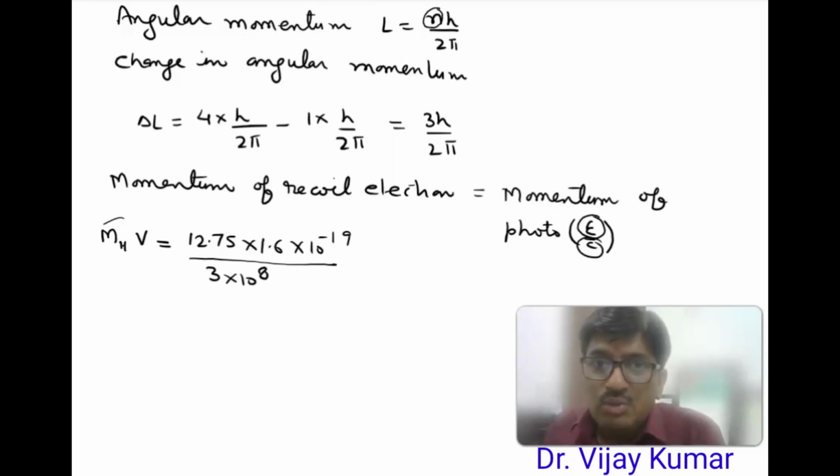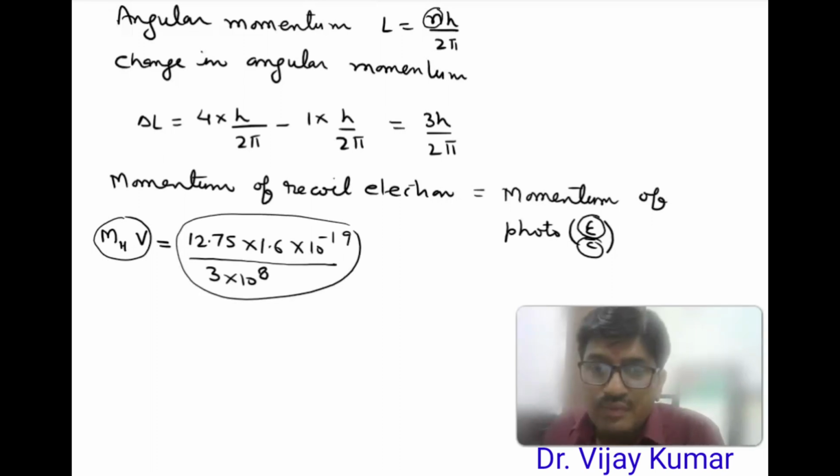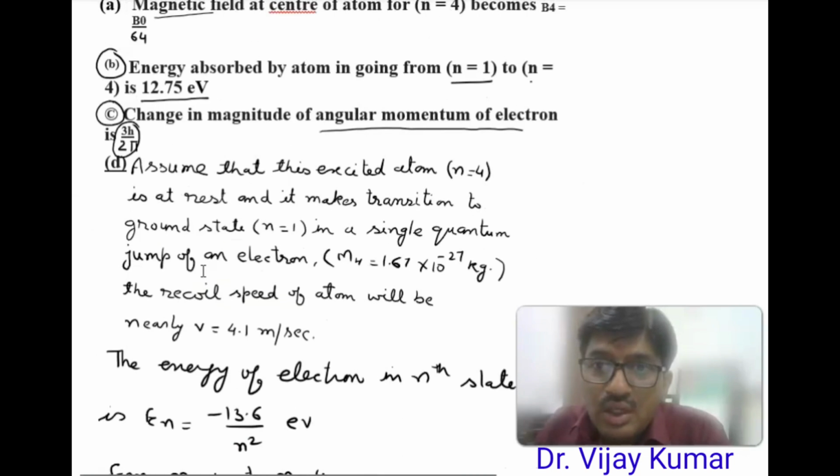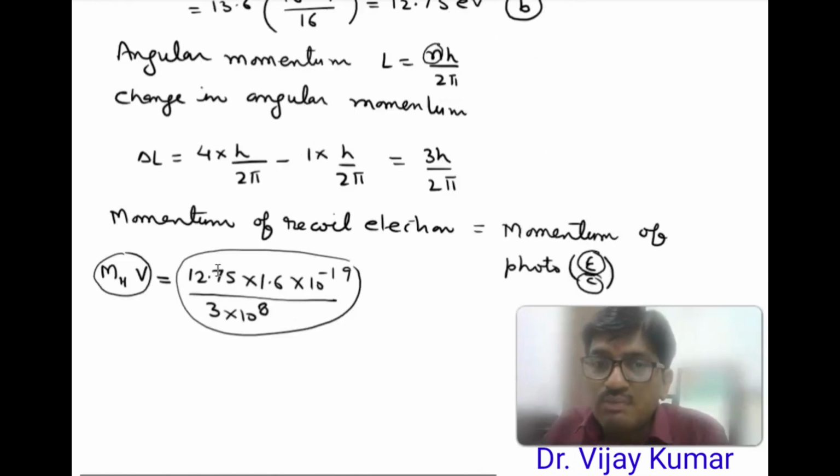This is the momentum of the recoiling atom, and this is E upon C. The mass mh is given in the question as 1.67 into 10 to the power minus 27 kilogram.